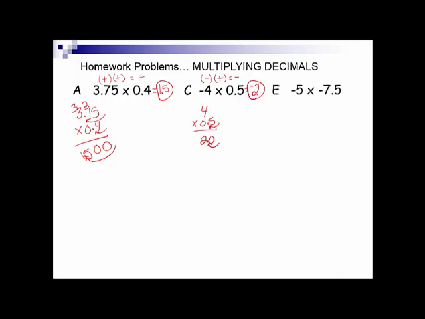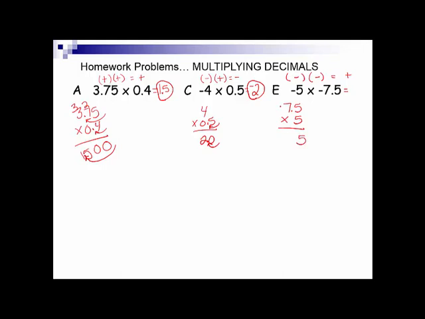So that's negative 2 as an answer. The other that was a multiplication problem was letter E. So again, I look at this and I say a negative times a negative is a positive. So I know my final answer will be positive. And now I just do 7.5 times 5. Again, this is my scrap work, so I didn't choose to keep my signs attached. 5 times 5 is 25.